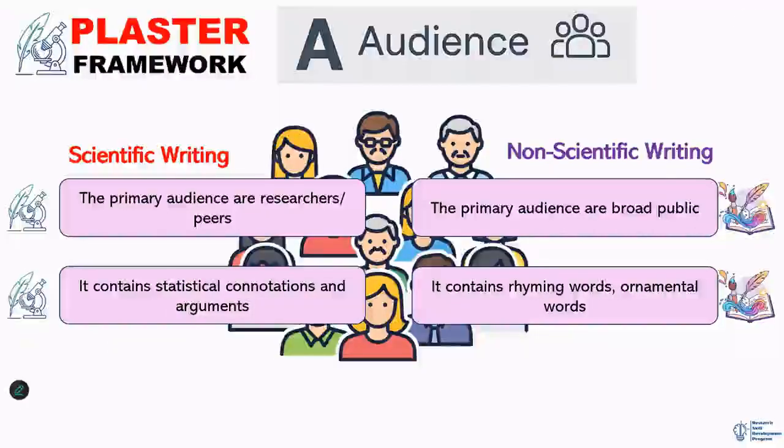Second, it contains statistical connotations and arguments. The people who are reading do understand what a t-test is, what statistical significance is, what a chi-square test is, and all the statistical related things.